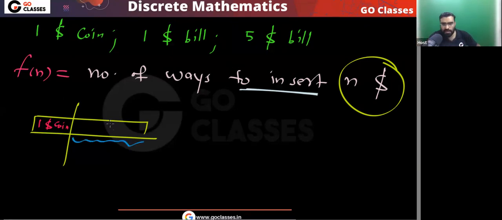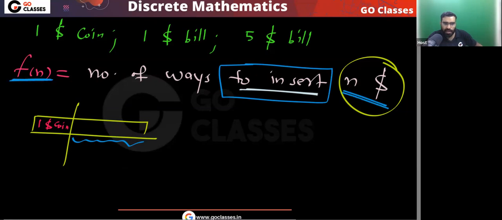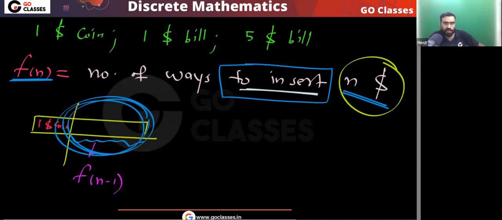Ultimately, I need to insert a total of n dollars. If I insert this $1 coin first, then I need to insert n minus 1.